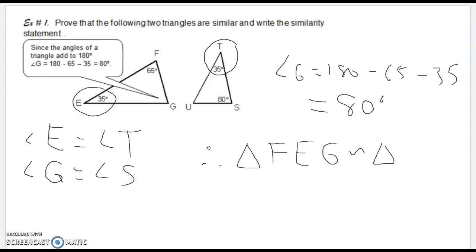We have to do the same order. So F was 65 degrees, so that means U is 65 degrees. Then we did the 35, which was the E, so now we have to do T. And the last one we did was G. We figured that to be 80, so that means S is 80.